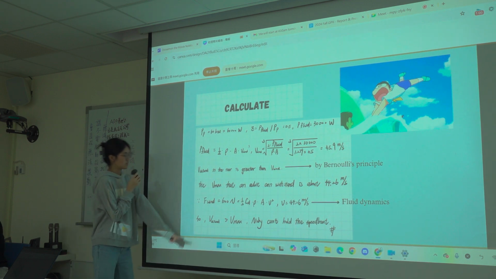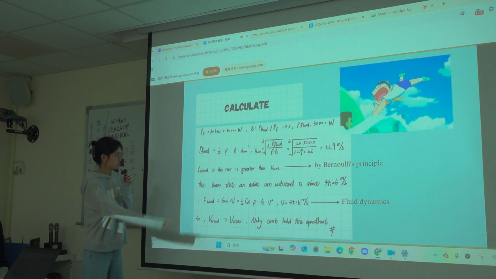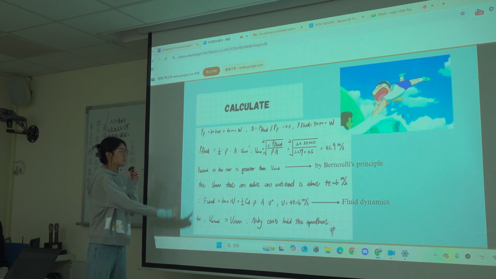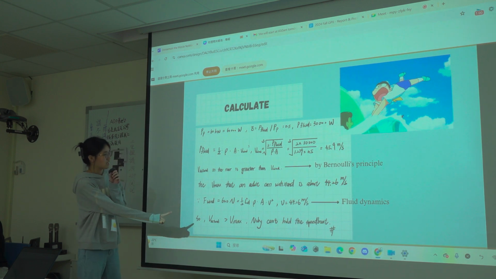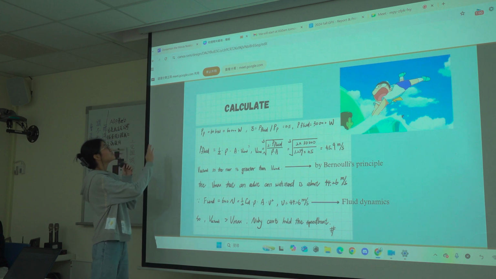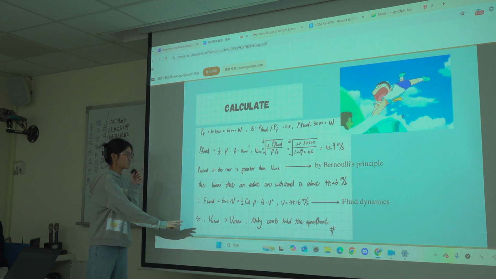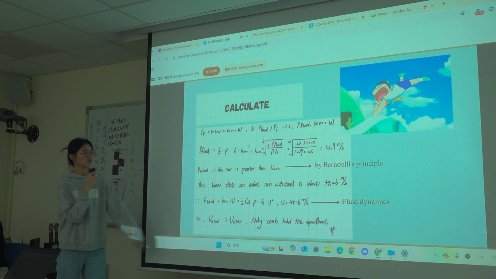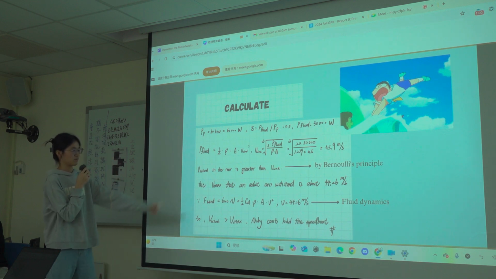So I know the speed that Nobi can endure is less than the wind of the propulsion system, and Nobi can't hold the speedboat.